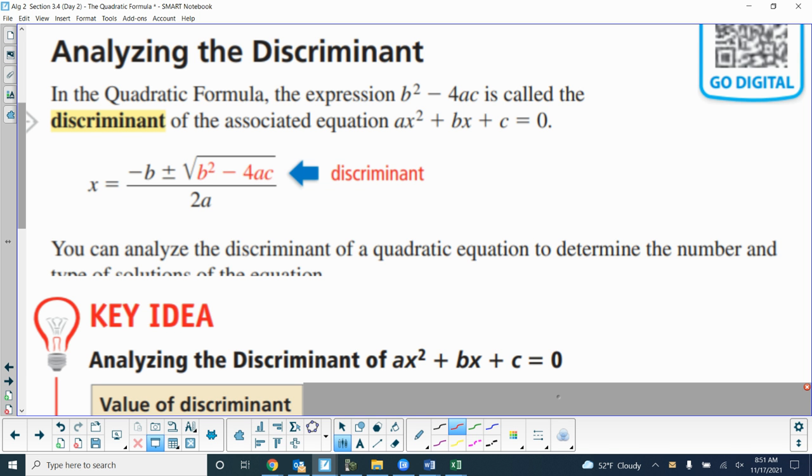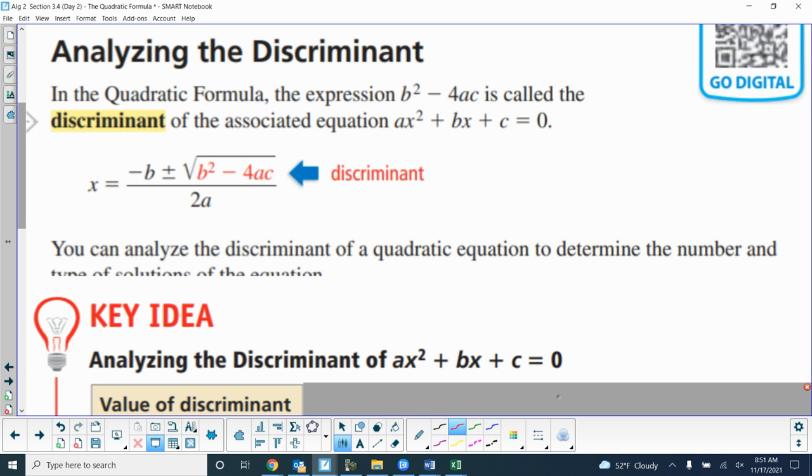What form is ax squared plus bx plus c called? Yeah, it's a quadratic, but it's what form? Standard form, right? We have vertex form, standard form, remember? We also had intercept form, remember? So we're looking at standard form now. So this b squared minus 4ac is called the discriminant.